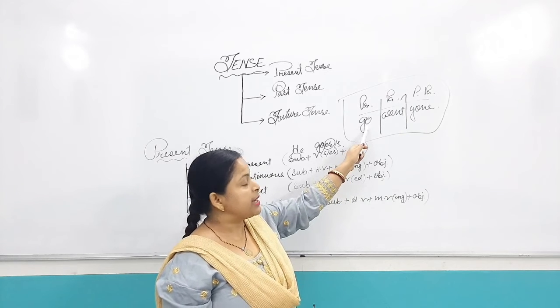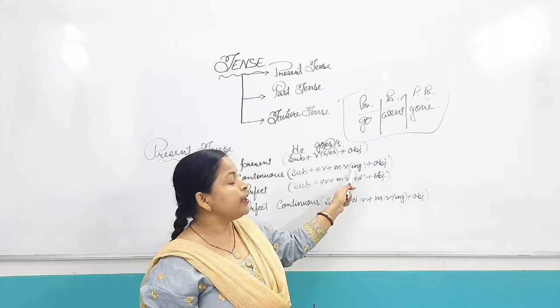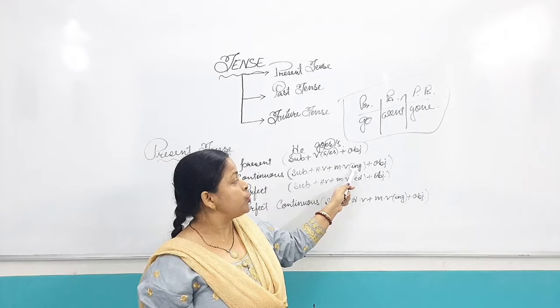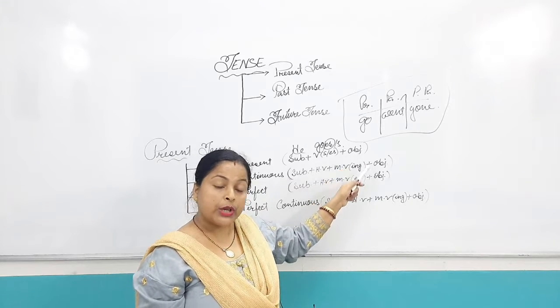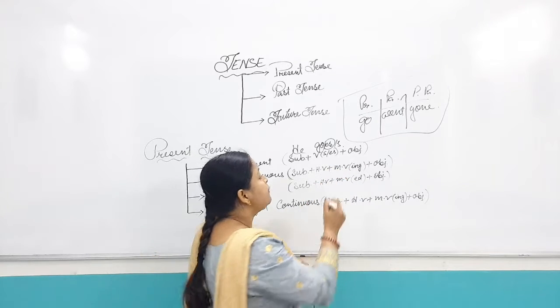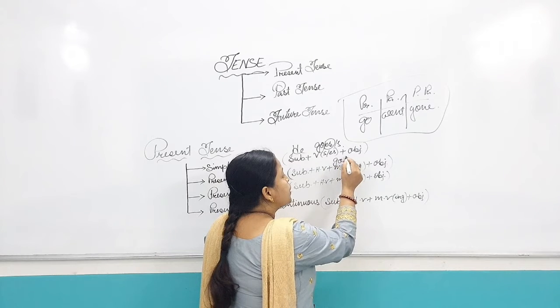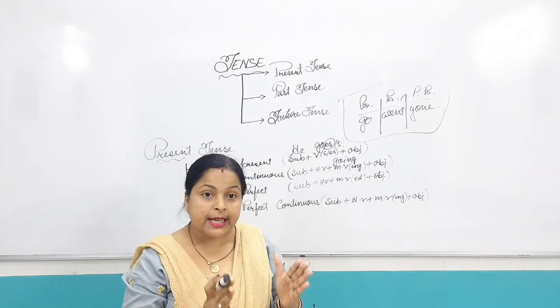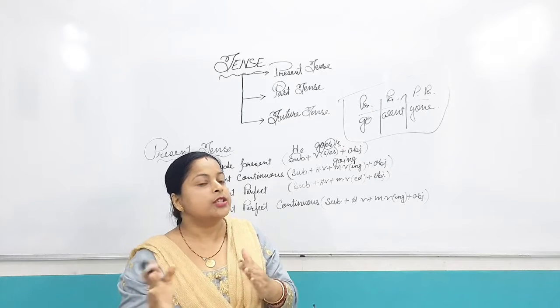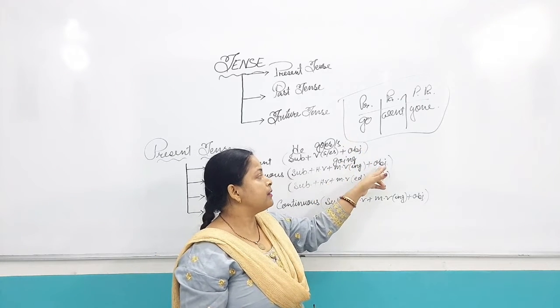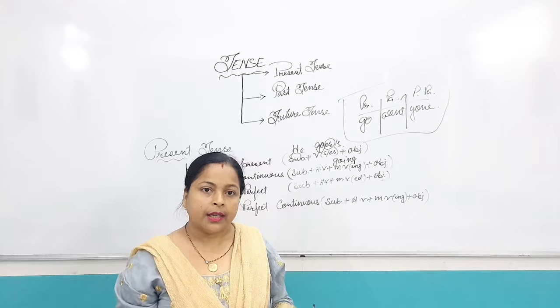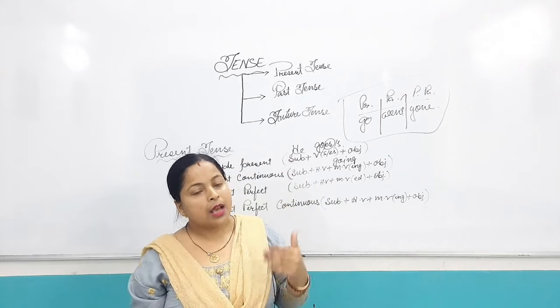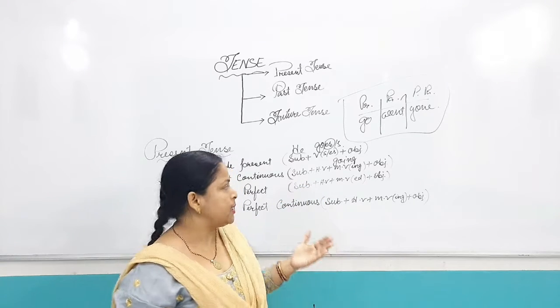The main verb will be of present form, but with that form we should add ing. For example, go becomes going, come becomes coming, visit becomes visiting. And at the last, an object should be there to complete a sentence.